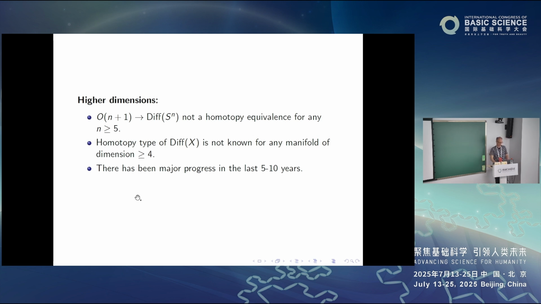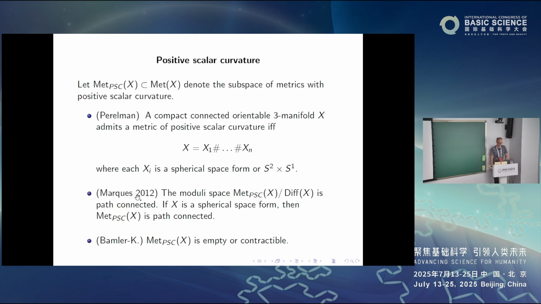Okay, now I want to look at another story. Our approach is to take the question about the structure of Diff and relate that to the topology of some space of metrics, the space of curvature 1 metrics, say. There are other situations where you may be interested in understanding the topology of the space of metrics satisfying some condition, and one that's been of longstanding interest is positive scalar curvature.